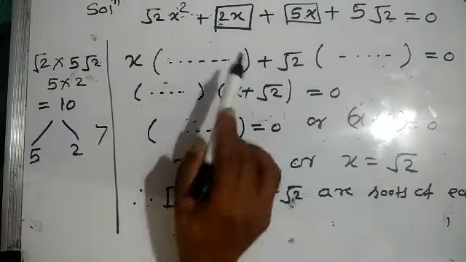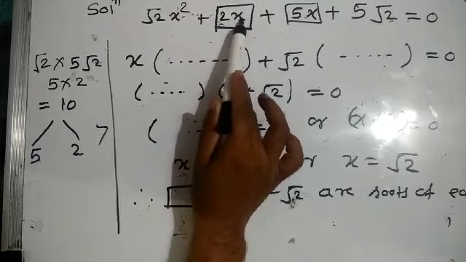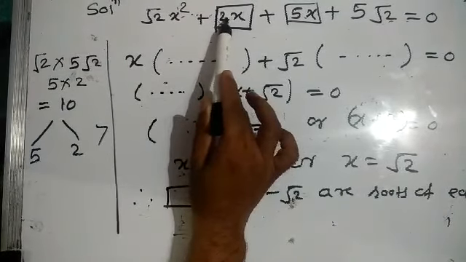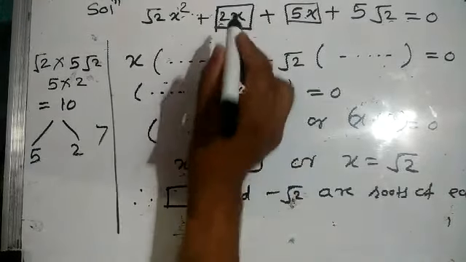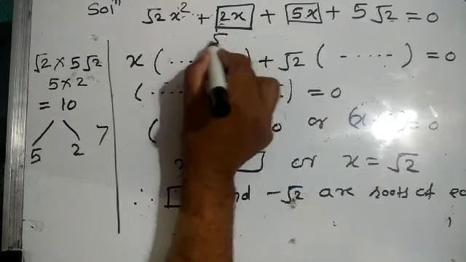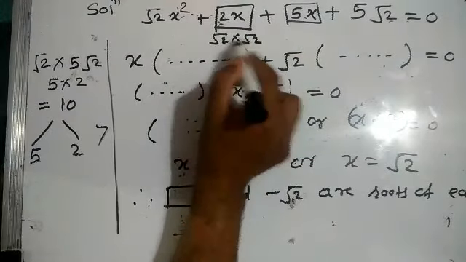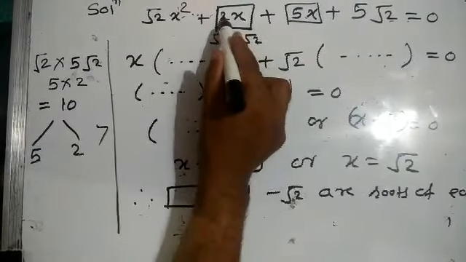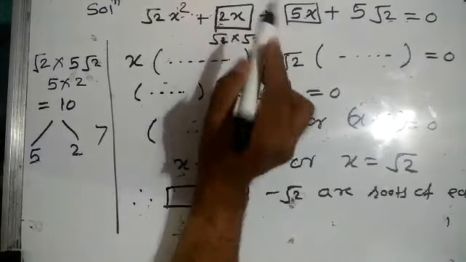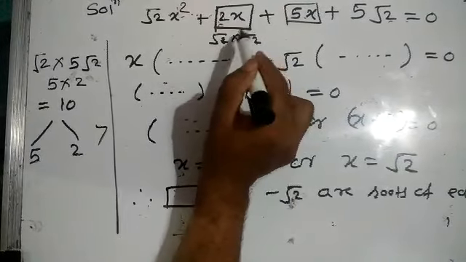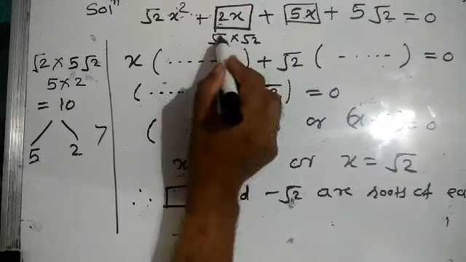Then here, this 2x means we can write root 2 into root 2. This 2 means root 2 into root 2, that is root 4, that is 2. We can write in another form.